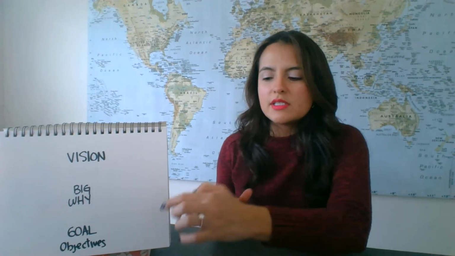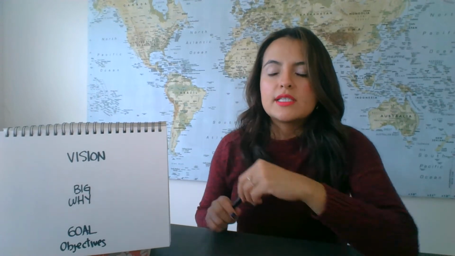So, in my perspective, goals are kind of similar to the vision, but in a more practical way. So what I want to accomplish specifically, for example, I want to start my own business. A goal could be I want to expand my business from the US to Europe.